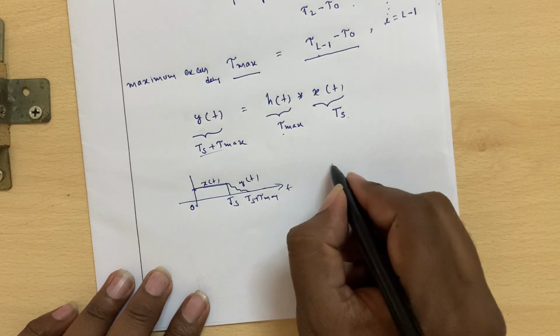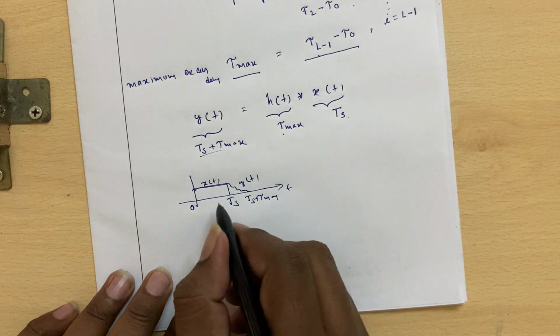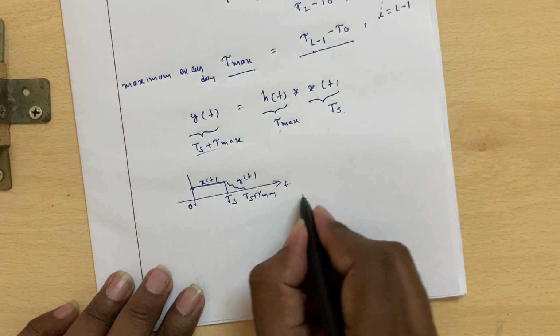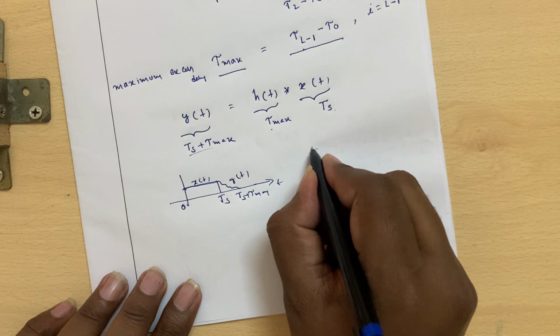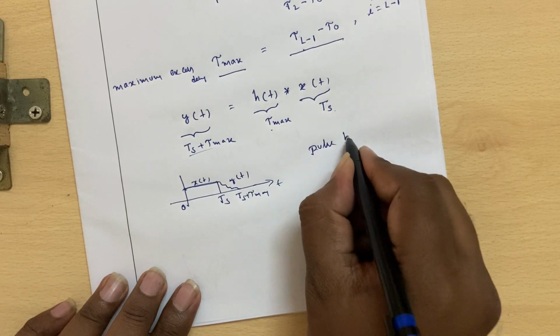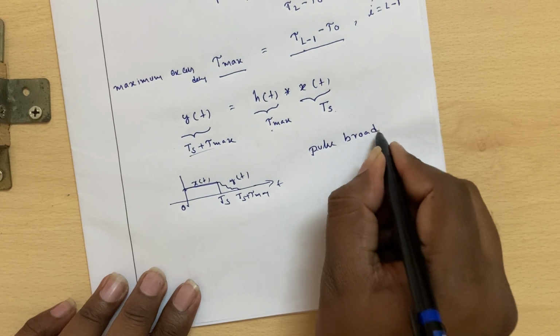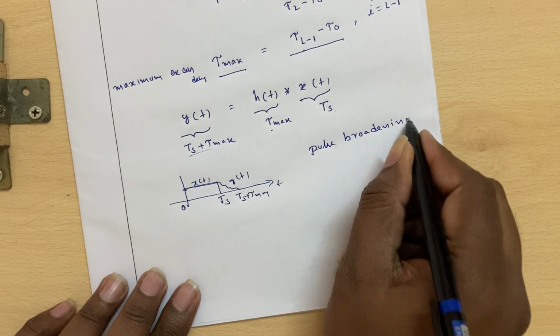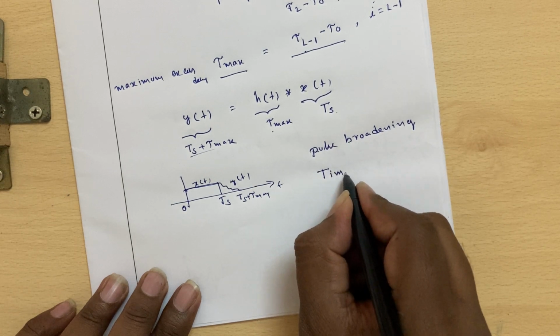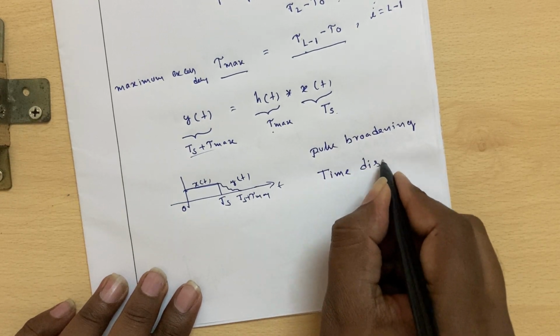Now we transmit a pulse of duration Ts, and it is stretched over the duration of Ts plus tau max. This effect is called pulse broadening, or the phenomenon is called time dispersion.